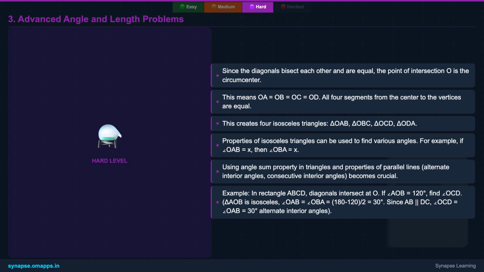This property is incredibly useful for solving complex angle problems. For instance, if you know one angle, say angle AOB, you can deduce many other angles using the isosceles triangle properties and the rules of parallel lines, like alternate interior angles. These connections allow us to solve multi-step problems that combine various geometric principles, demonstrating the rich interplay of different theorems.